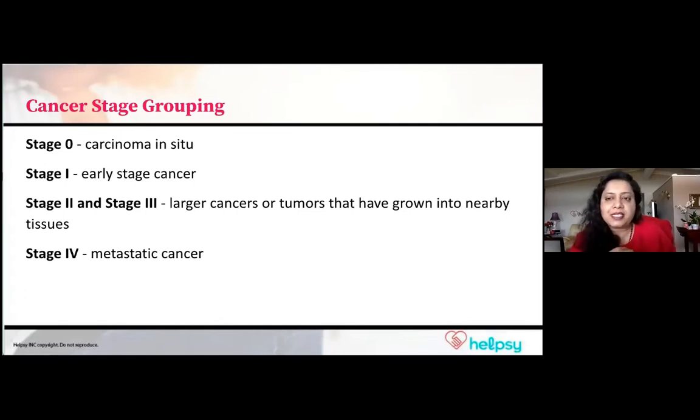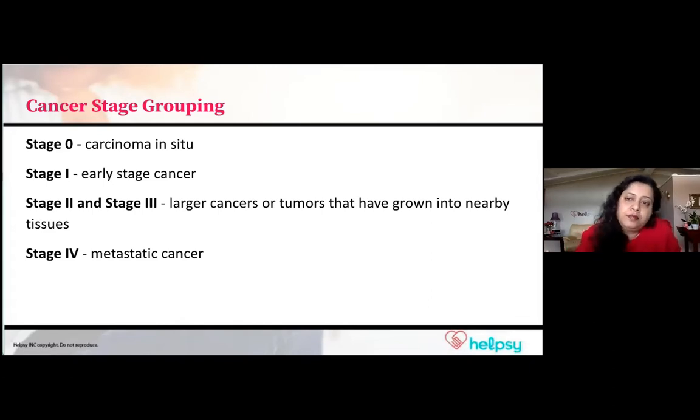For example, if it's breast cancer, let's say it's in the left breast. Stage 2 and stage 3 mean that it has started to occupy a bigger area, or it has spread to, let's say, from the left breast to the right breast, or to the chest cavity area.